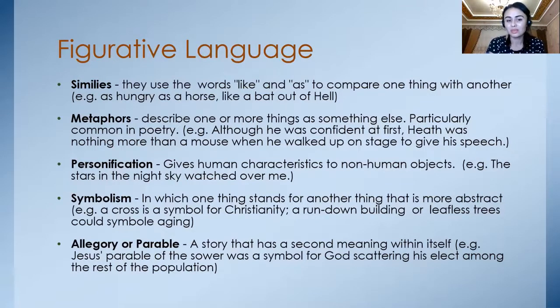Another one is symbolism. In symbolism, one thing stands for another thing that is more abstract, like a cross is a symbol of Christianity, or a rundown building or leafless trees could symbolize aging, etc. So in our digital stories, we usually tell the story, and then with the help of images and videos, we show the story.